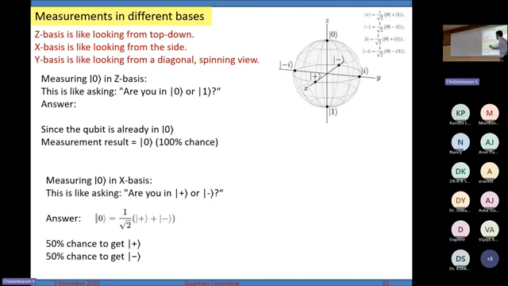When you apply Hadamard over 0, what you get is this. When you apply Hadamard over 1, what you get is this.